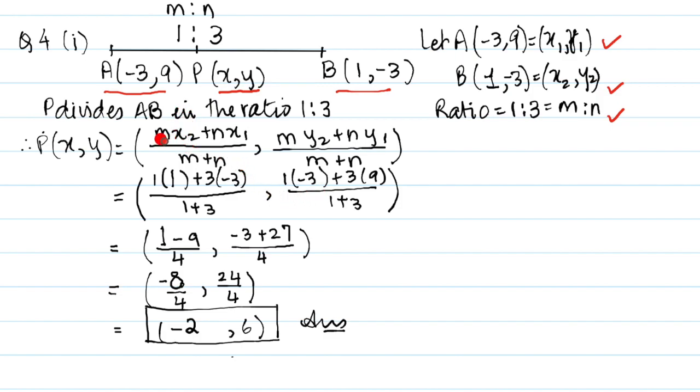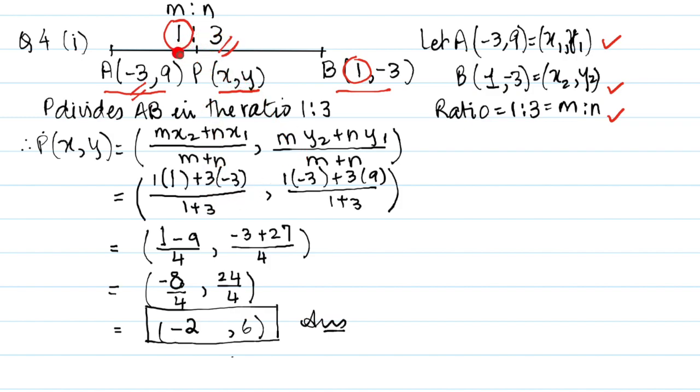Now we are going to take mx2, means this will multiply here, so that is 1 into 1, and this will multiply here, so that will be 3 into -3, and upon m plus n means 1 plus 3.